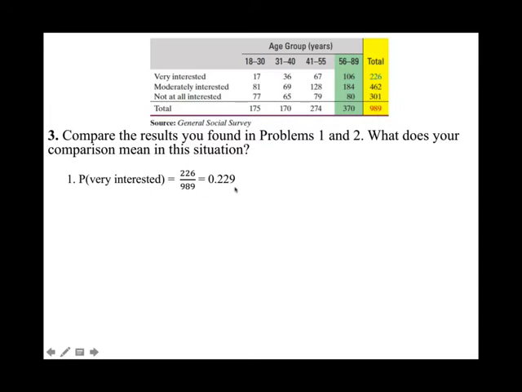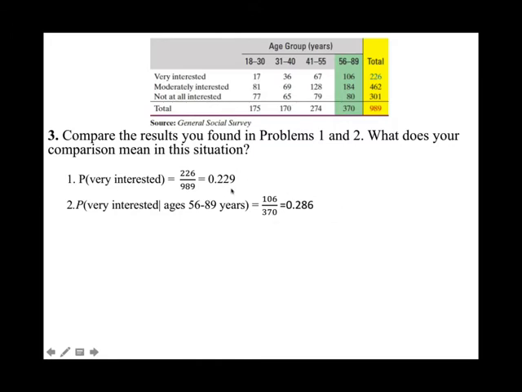For problem 2, we want to find the probability of very interested given that your age is between 56 and 89. The total outcome is 370, and the number very interested in this age group is 106. So you got 0.286 here.